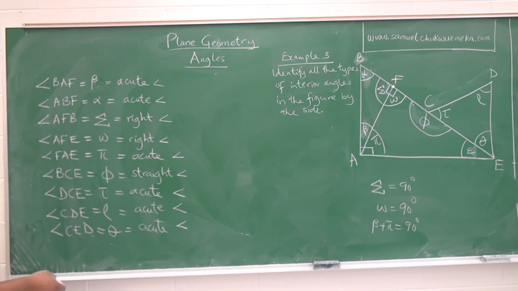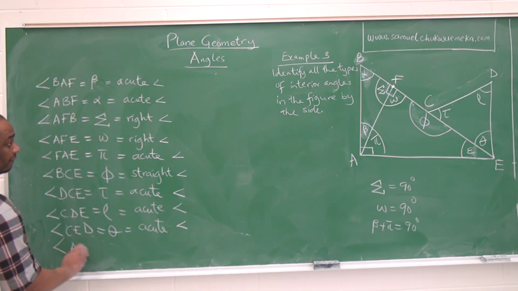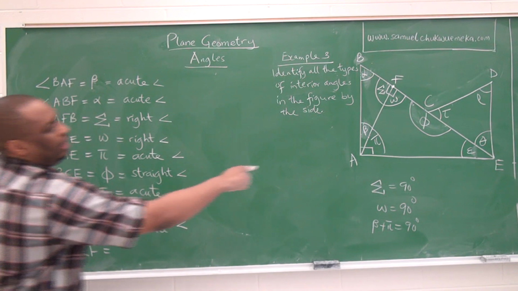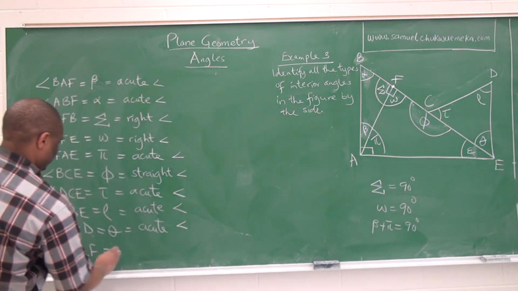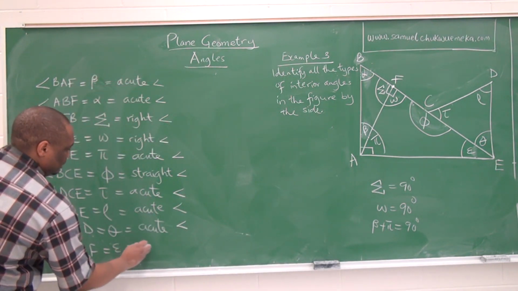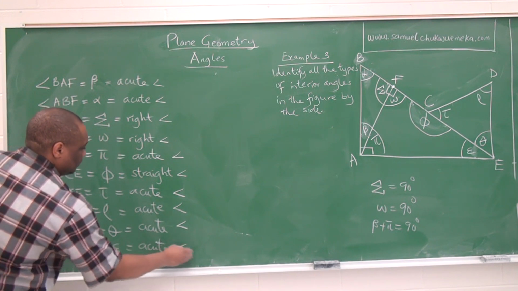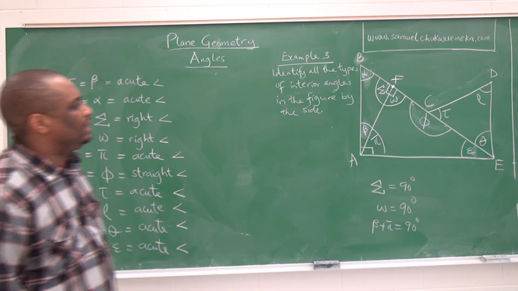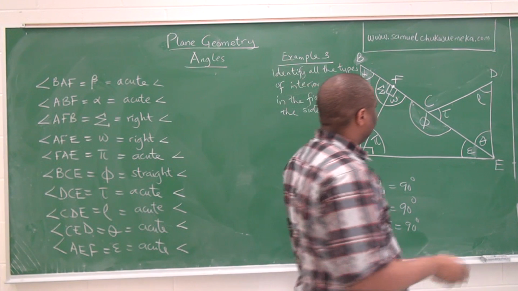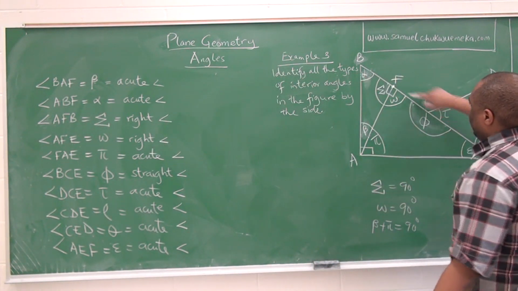Then angle AEF. AEF is epsilon, and that is an acute angle. So all these are acute angles except a few of them.